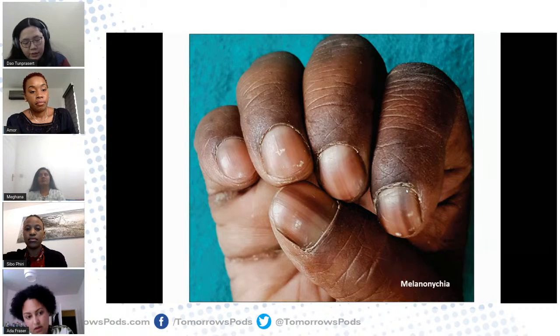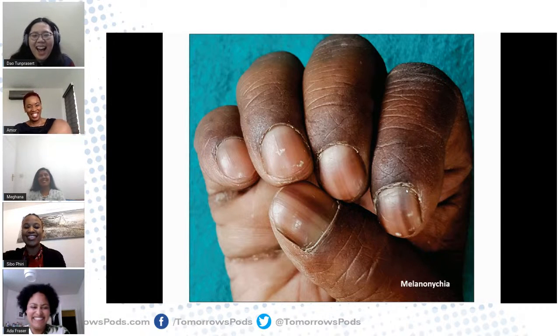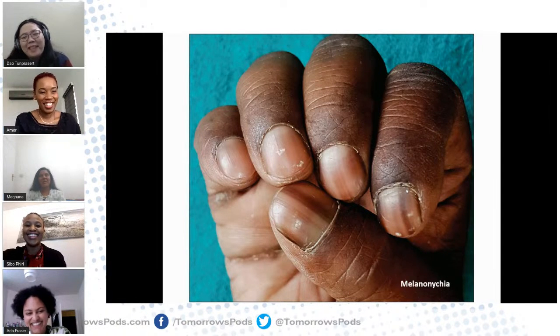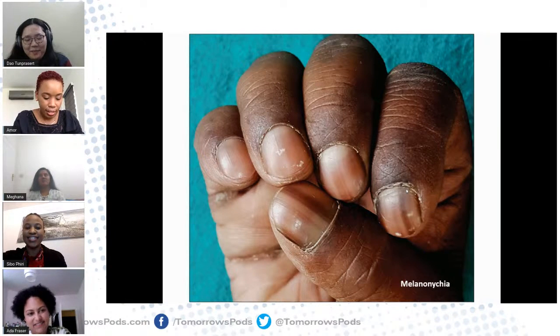I mean, when I was a student, almost 10 years ago, is it 10 years ago? Probably it is. I went on a placement in Lewisham. Because of the patient population I had seen before I went on that placement, I had never seen anything like it before. So when I first saw this condition in a darker skin patient, I was really panicking.